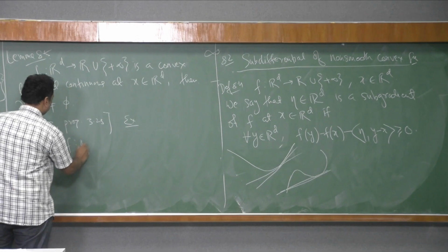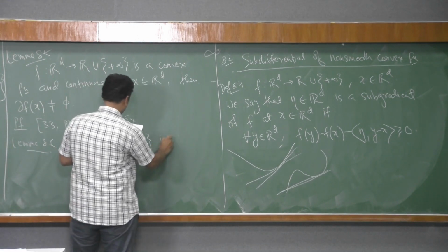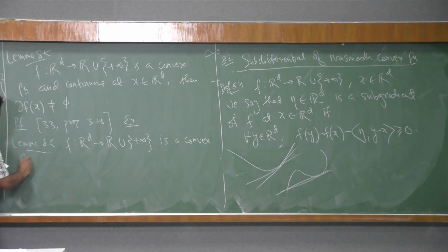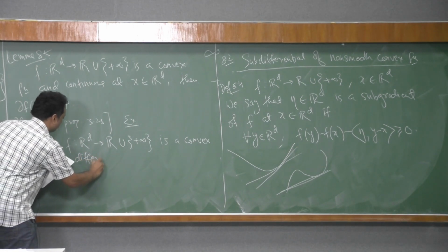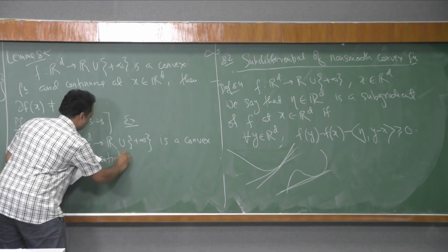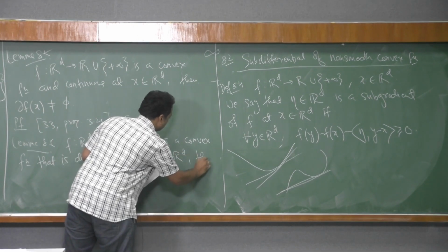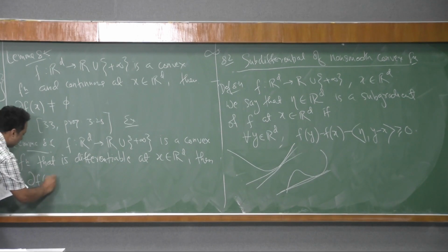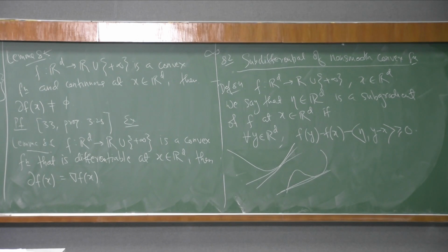Let f from R^d to R union plus infinity be a convex function that is differentiable at x in R^d. Then the subgradient at x is nothing but the actual gradient. The proof of this, very luckily, we have done, so we will skip it.